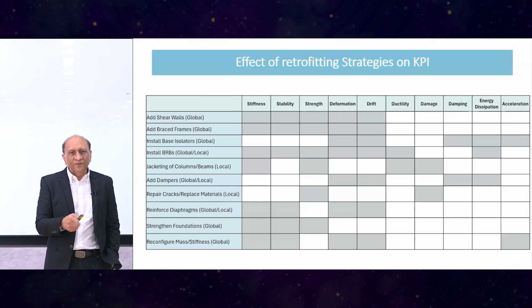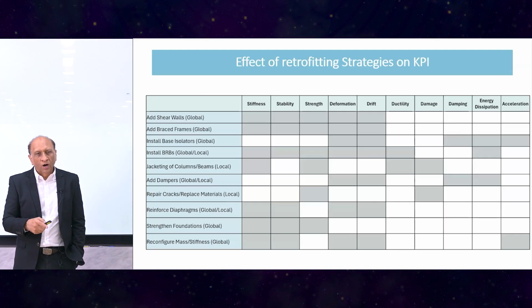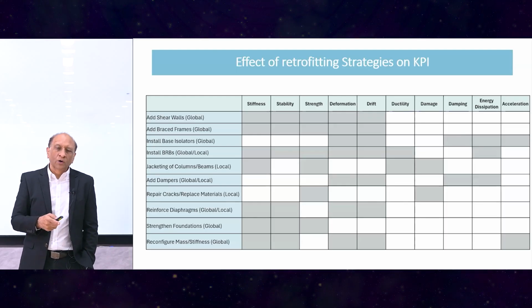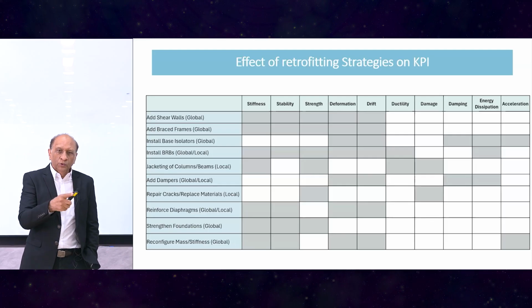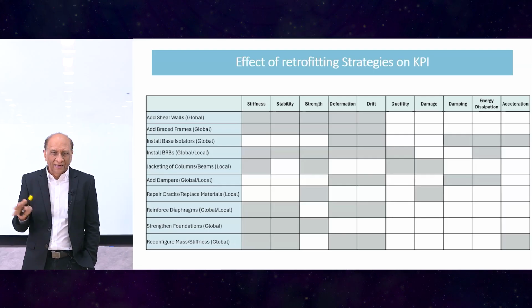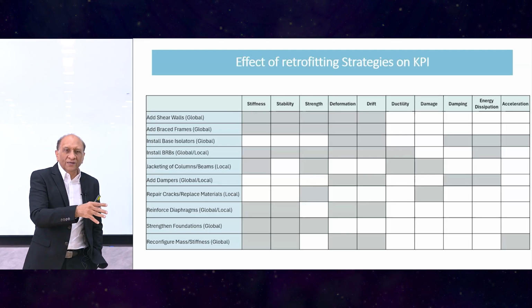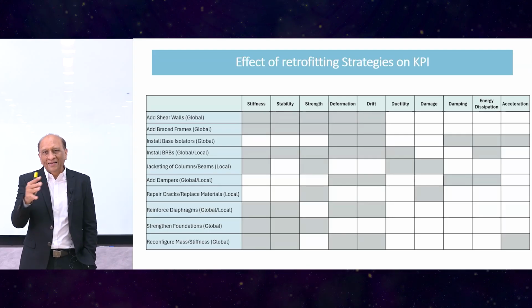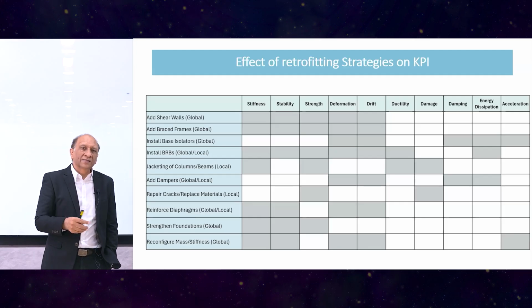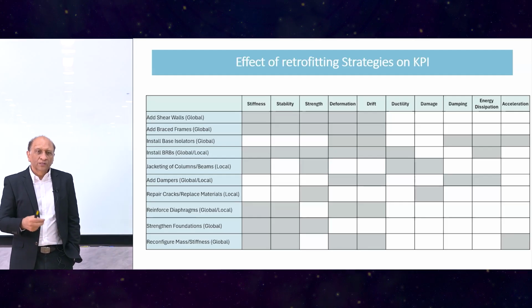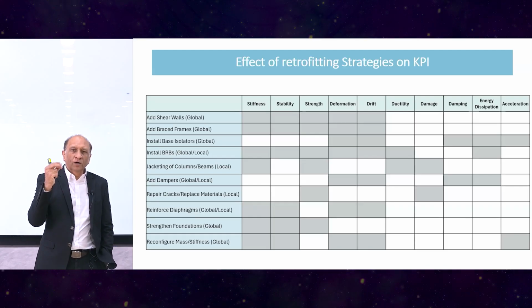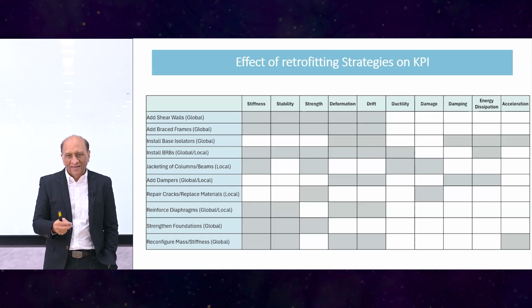So this is a kind of total matrix of various retrofitting strategies versus their effect on the KPIs. It's just a guideline, telling you that if you do this one, you will improve stiffness, this and that. If you do this one, you improve that. And this table is a good starting point to choose the right retrofit strategy for the deficiency that we find.